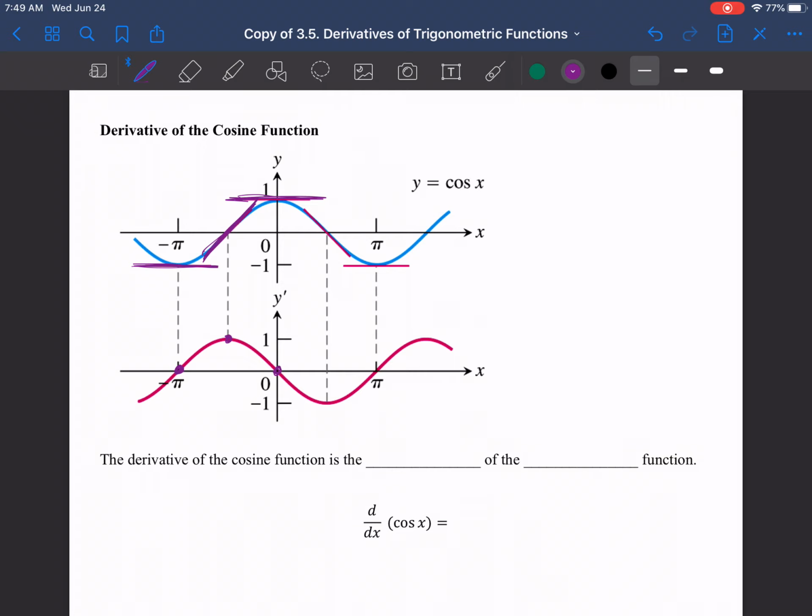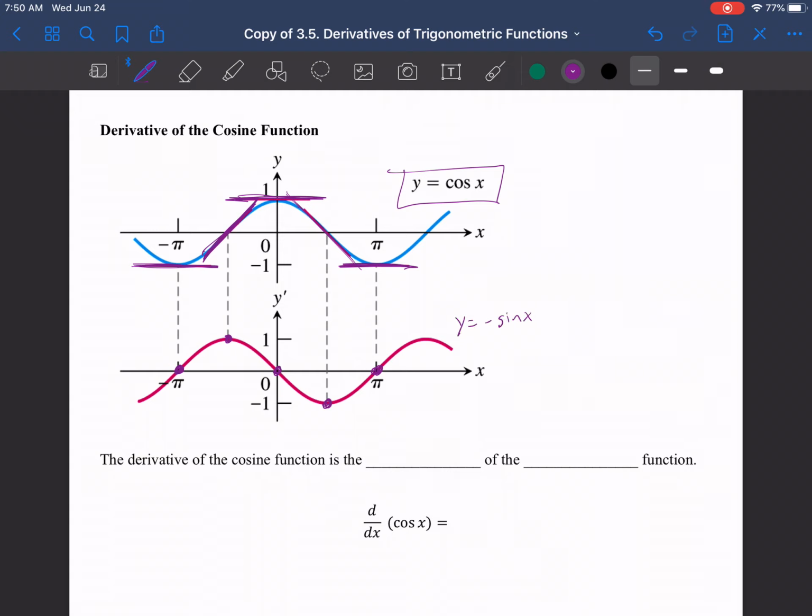Then you have a slope here equal to negative 1. So there's your negative 1. And then you have a slope here of 0 again. So you're back to 0. And if you look at this, this is the function cosine x. What is this function down here that we're following right along with? That's actually the function negative sine of x.